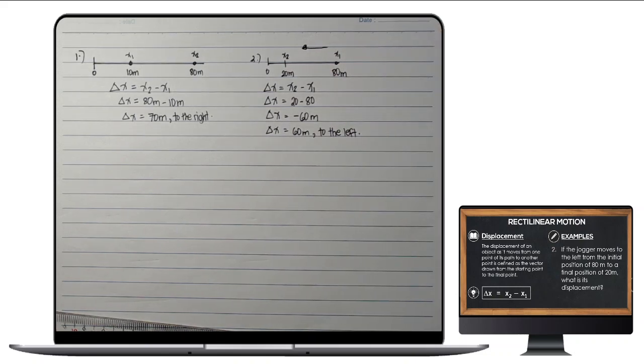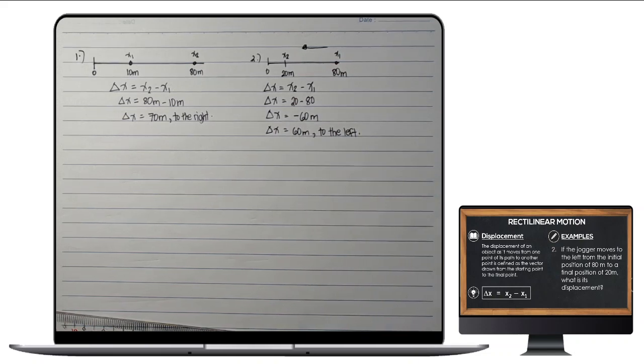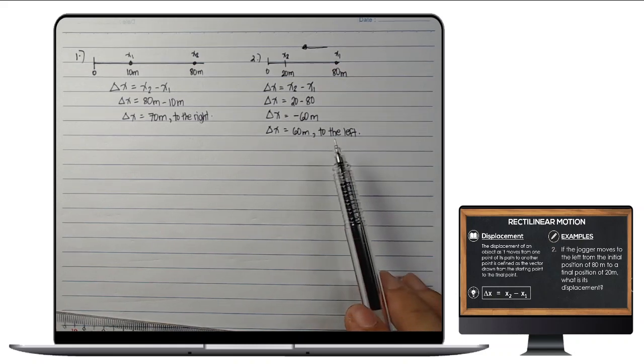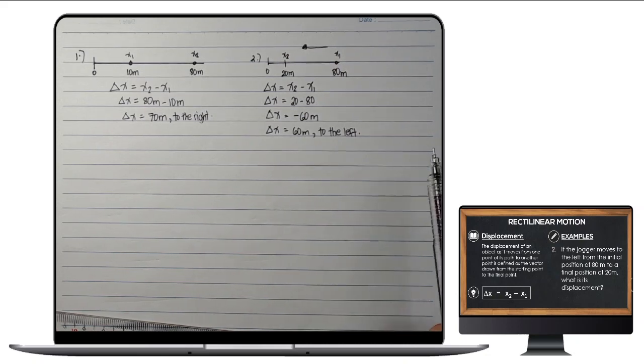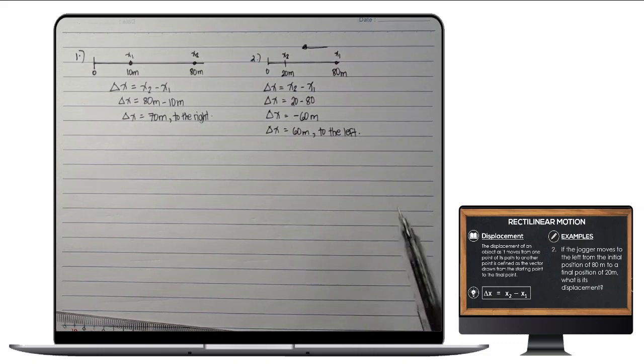Okay, so that is all the negative sign means. Since technically we do not have negatives in measuring distances, this negative sign denotes that it moves in the opposite direction. Since we assume to the right is positive, therefore when you arrive with a negative answer, it means that the vector is going in the opposite direction, which is going to the left.